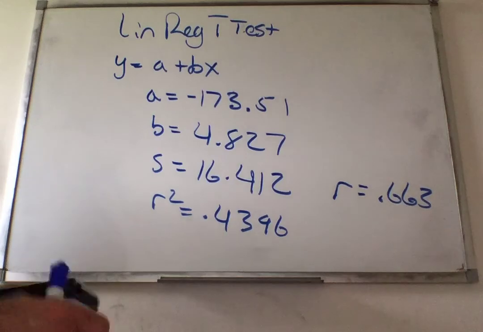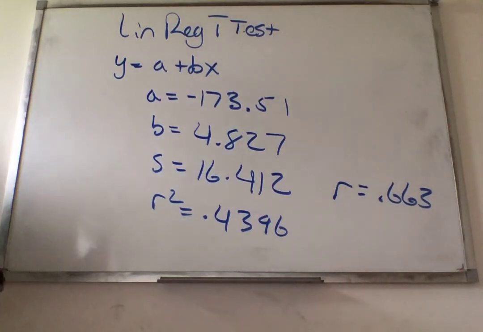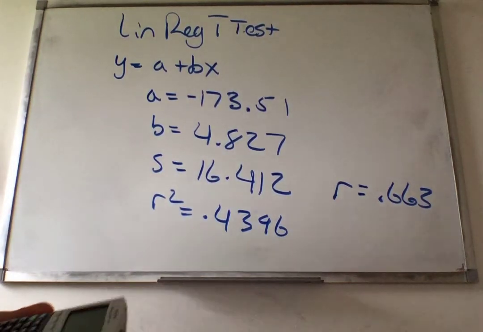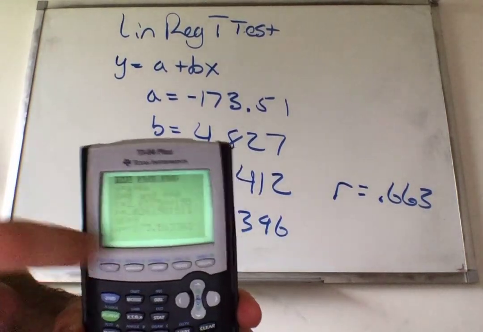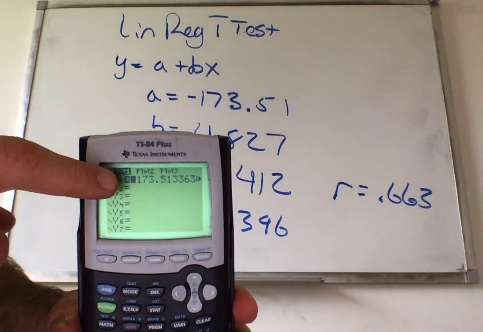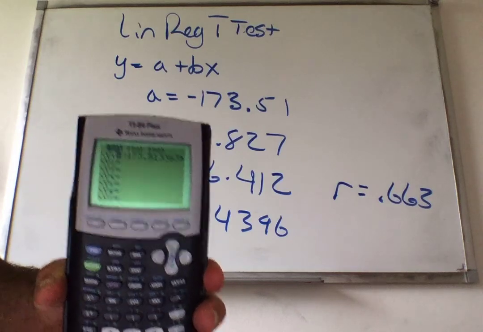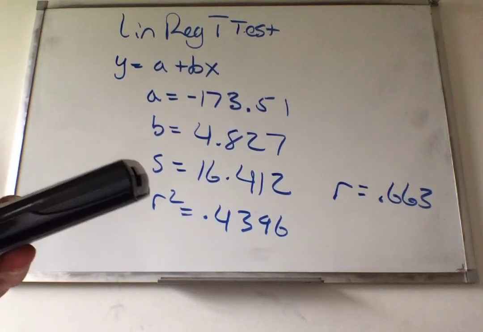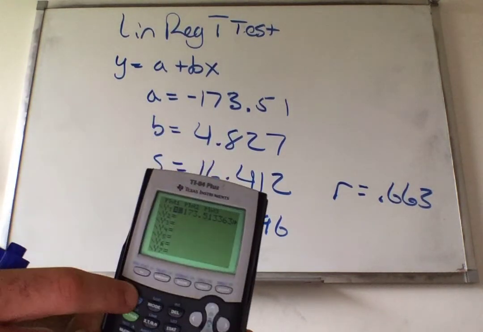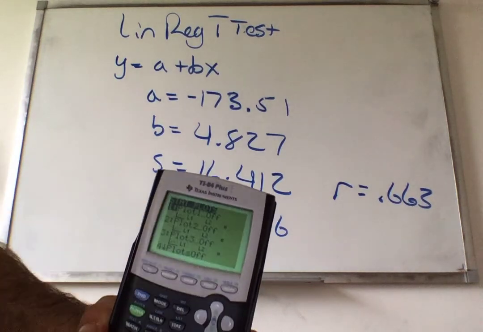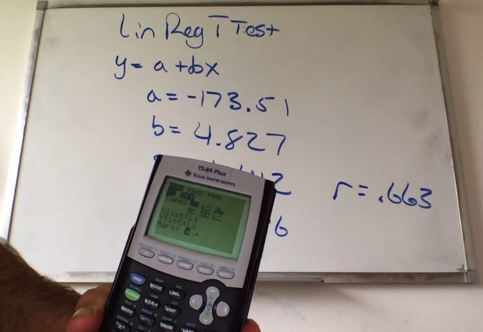All right, so remember how we stored the equation into our calculator? Let's go ahead and look at that equation. If we go to y equals, there's the equation. It's stored in our calculator. We don't have to enter it because we told it to store it there. And not only that, hit second y equals, go to plot, turn it on.